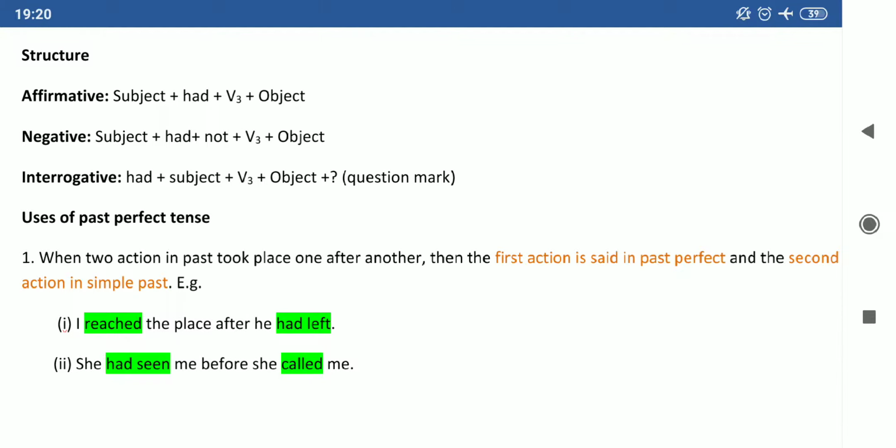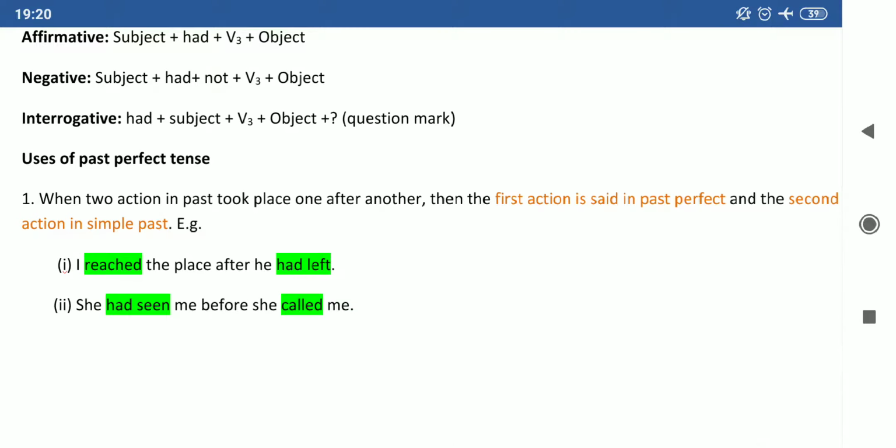Let's talk about its structure. Affirmative sentence: subject, had plus third form, and object. I hope you remember that in present perfect tense we were using has or have, and after that third form of verb. But in past perfect, has/have will be changed into had. So subject plus had plus third form of verb plus object.